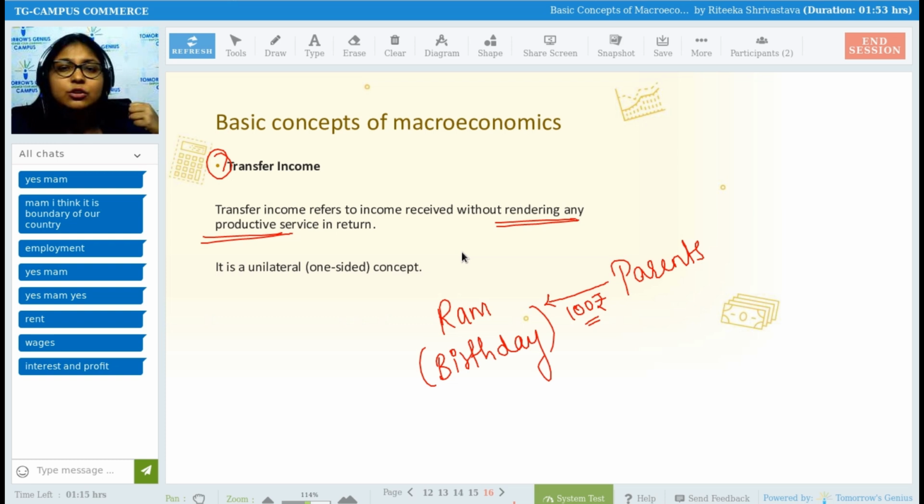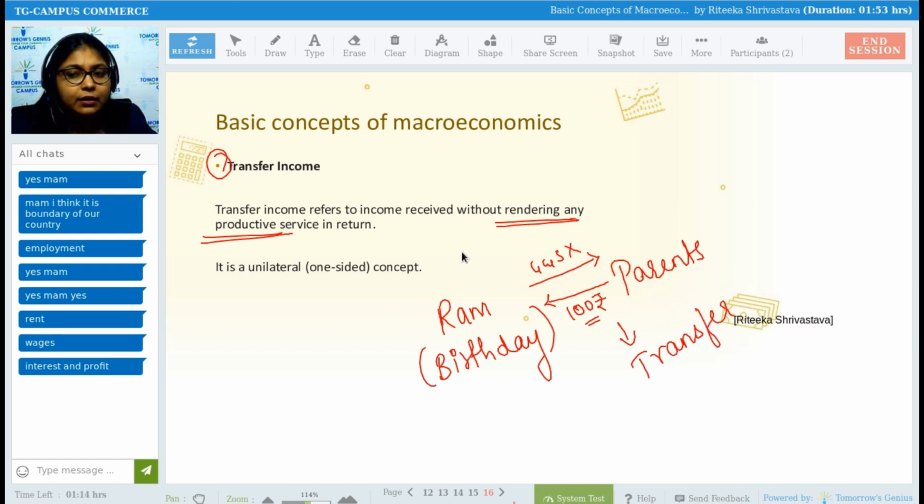In return, Ram is not going to give any kind of goods and services to his parents. So this kind of income will be termed as transfer income, wherein the person is giving you some money, but in return you will not give that person any kind of goods and services.